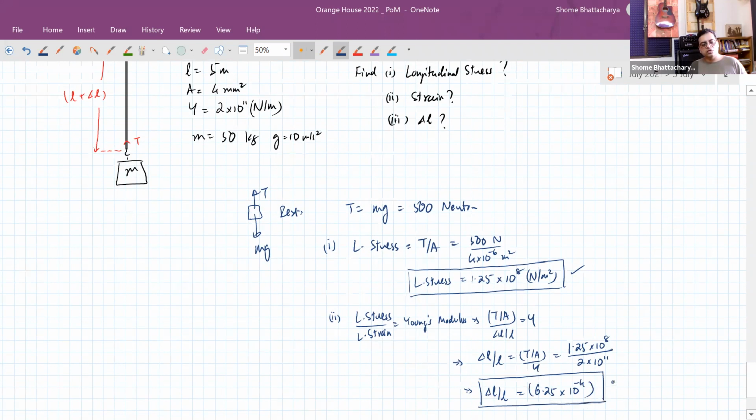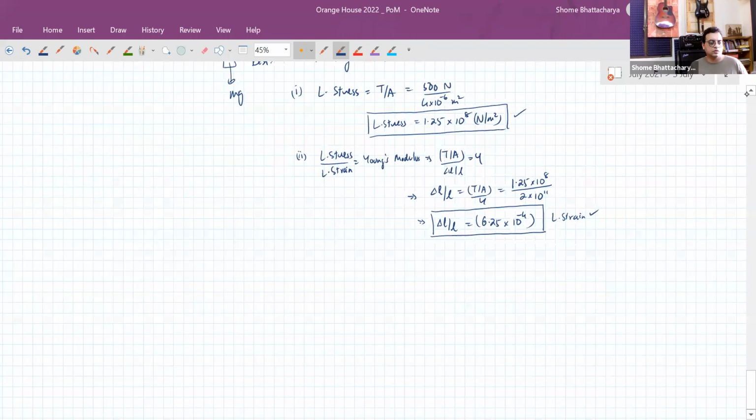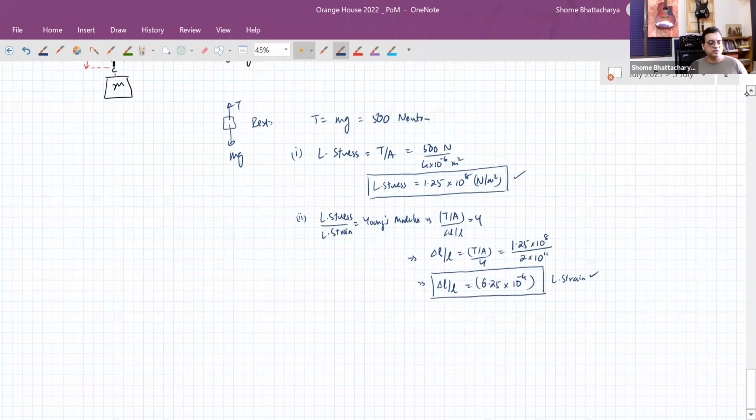This is our longitudinal strain. Okay, so I'll just minimize this a little. You can check the calculation once more, but it's very straightforward actually.